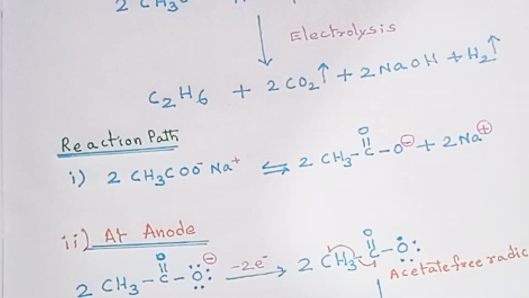At the anode only, these 2 methyl free radicals formed will join to form a bond between them. So this becomes ethane, CH3 single bond CH3, or this can be written as C2H6. Ethane is formed.